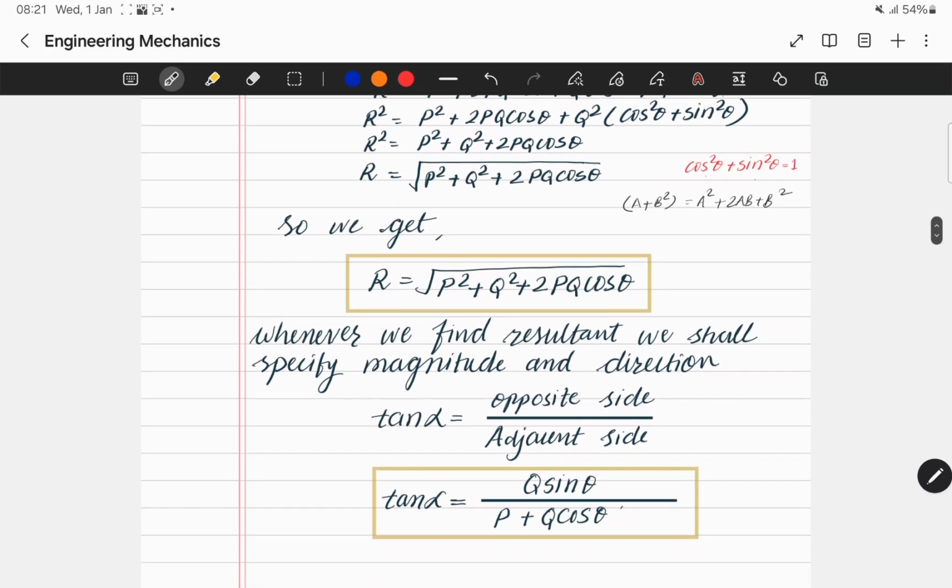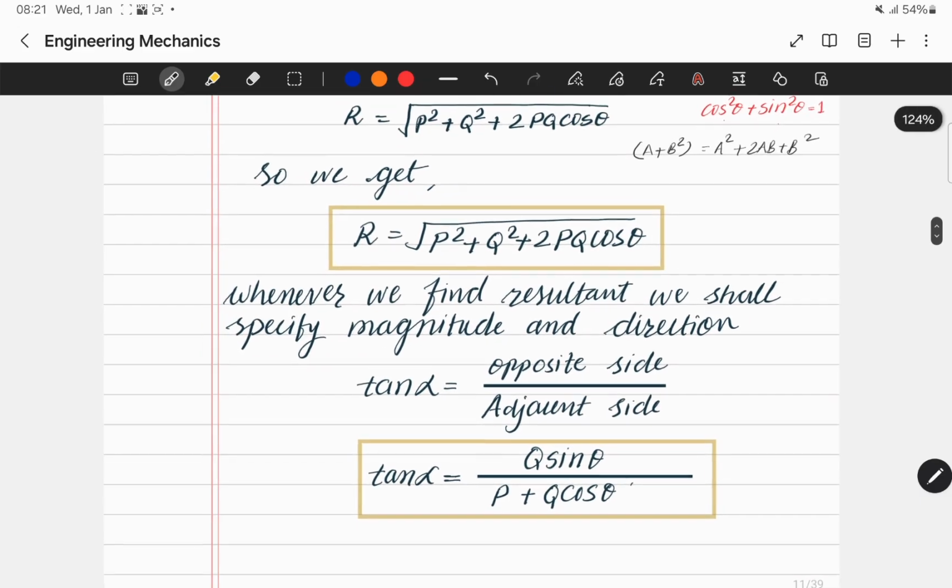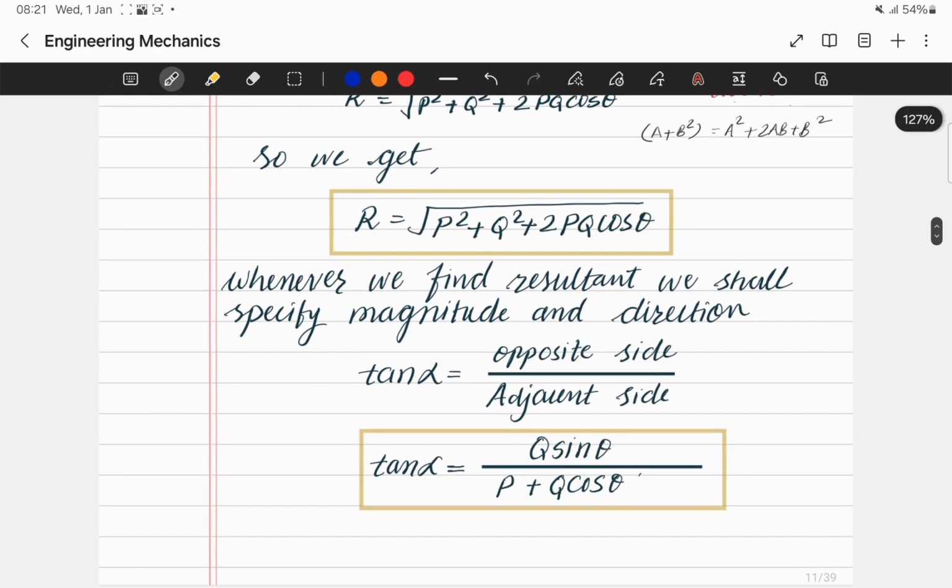Whenever we find the resultant, we shall specify magnitude and direction. This is the very basic of engineering mechanics. If you just find the magnitude of the resultant, it is not sufficient. A resultant comes with its magnitude and its direction, its angle, which has to be provided.